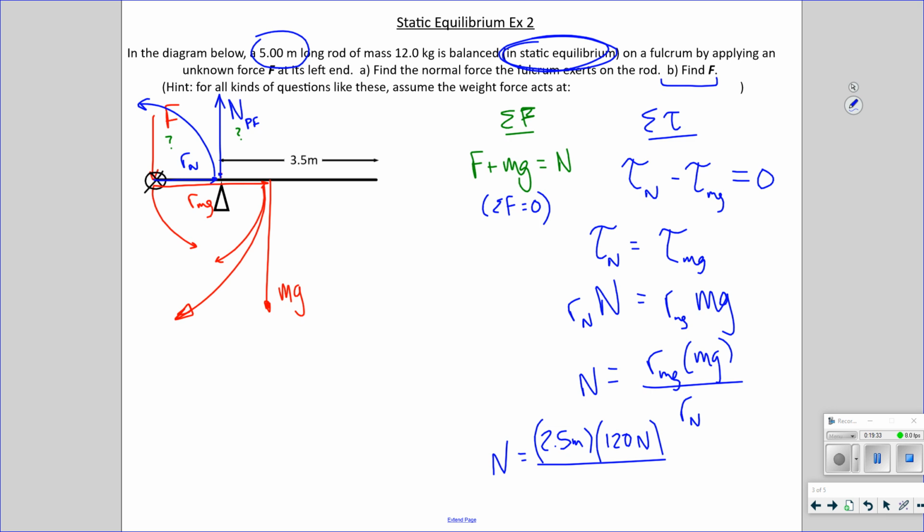So from the left end to N, that's 1.5 meters. And that's 5/3 of 120, about 200, right? Sure. Probably. Call that 200 newtons.